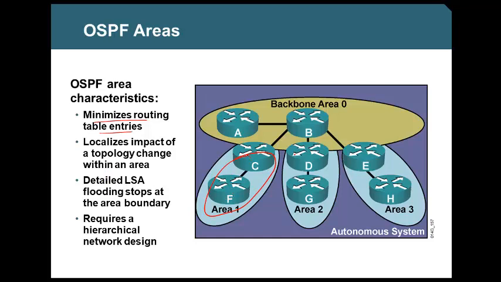As a result, the other areas will have a minimized routing table. If you don't have areas, you cannot do summarization. You cannot have a minimized routing table. What is the advantage of a minimized routing table? When you have a small routing table, the routing will be much faster. The decisions are made quicker.